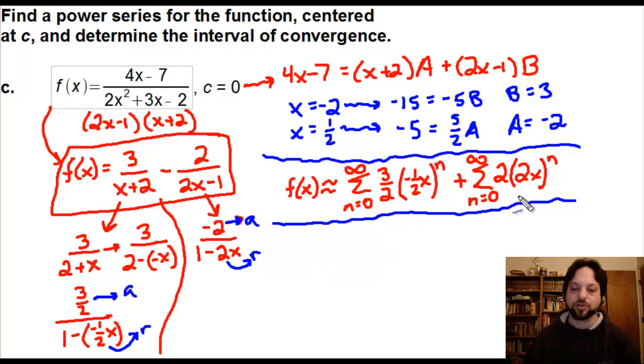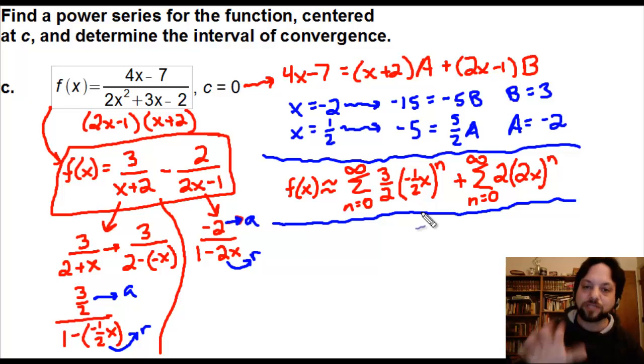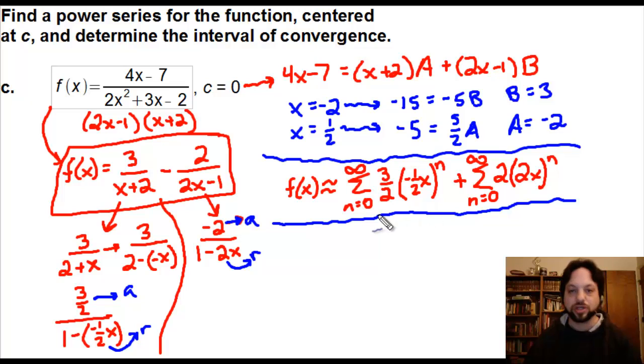Since they're both centered at 0, they are concentric, so the smaller of the two radii will apply to both series. Once you have that, you can check the endpoints and find the interval of convergence that way. So go ahead, pause this video, give that a quick shot. I'm going to go ahead and reveal the answers here because you should know what is correct. But again, like I said, pause the video, try it first, and then come back.